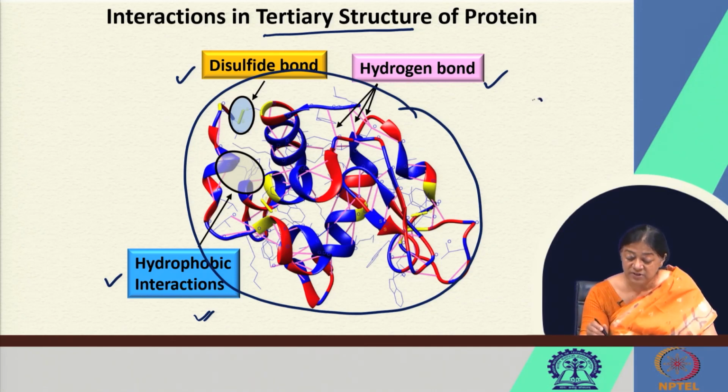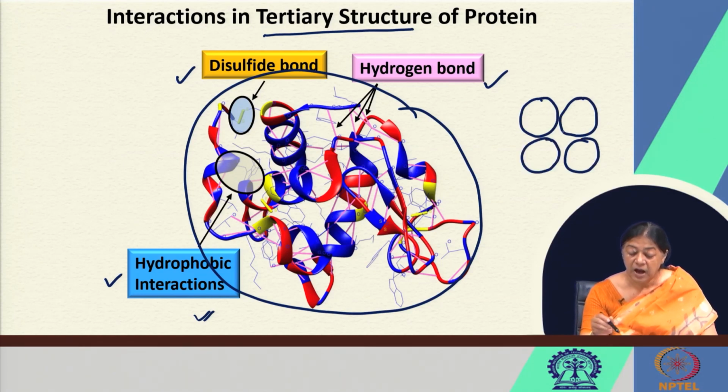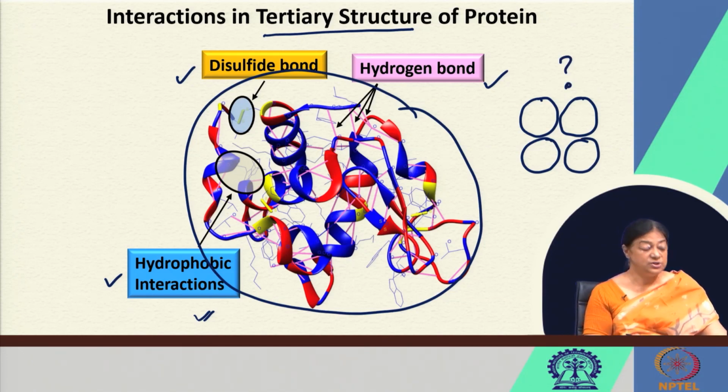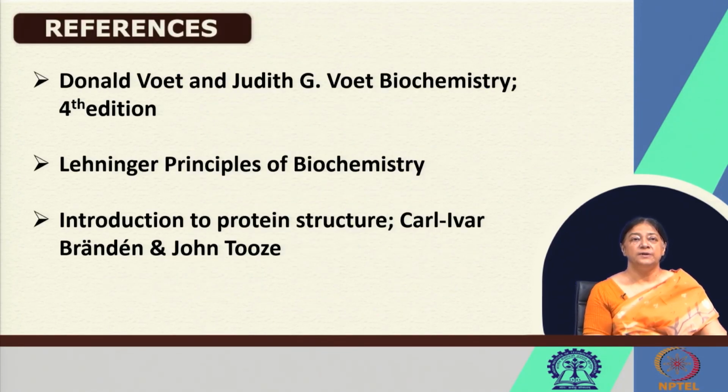If I do have a tetrameric unit where 4 subunits come together, are these the same interactions that are going to hold the tetrameric unit together? So, these are the questions we will be answering when we look at protein folding in more detail, the interactions in more detail, and how the protein comes together in its native three-dimensional structure.